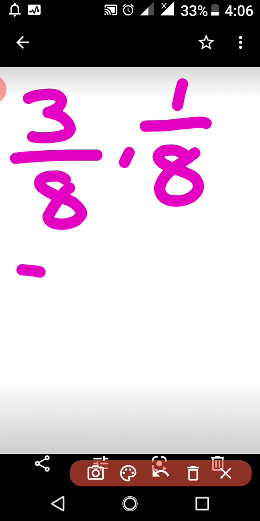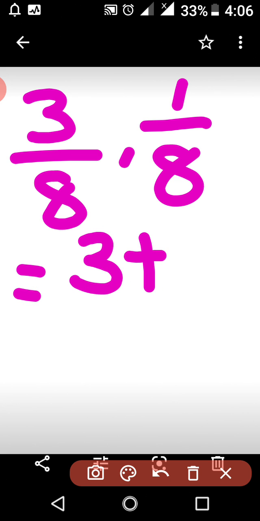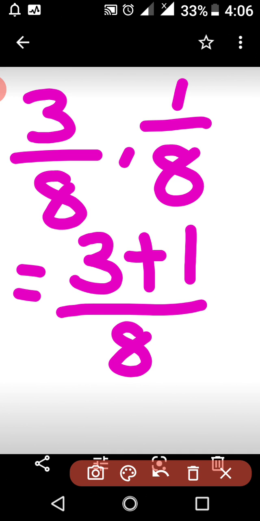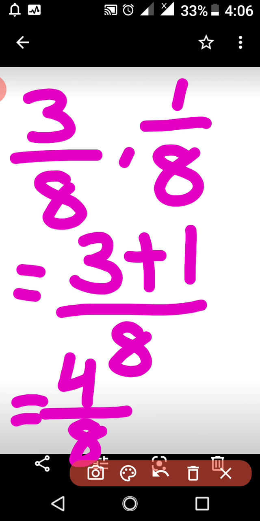So how to add: 3 plus 1 by 8. 3 plus 1 is how much? 3 plus 1 is 4 by 8. This is the answer. Now 4 by 8 means the numerator is 4 and the denominator is 8.